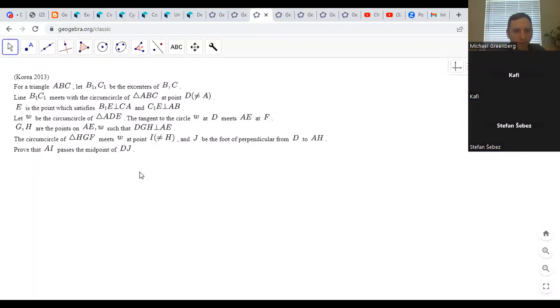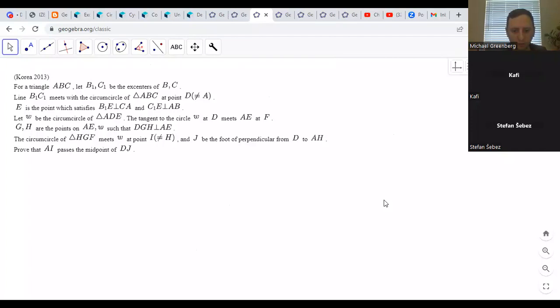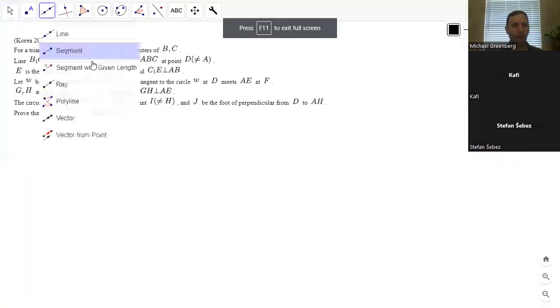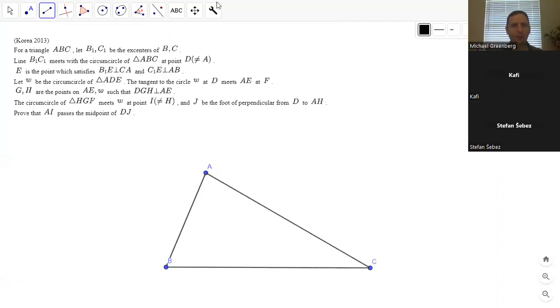Let's see this one. So this is excenters. We have two excenters. This looks like it might be kind of interesting. Okay, so this is 2013. We have a triangle ABC, and we draw the excenters opposite B and C. Oh, I can use my tool.